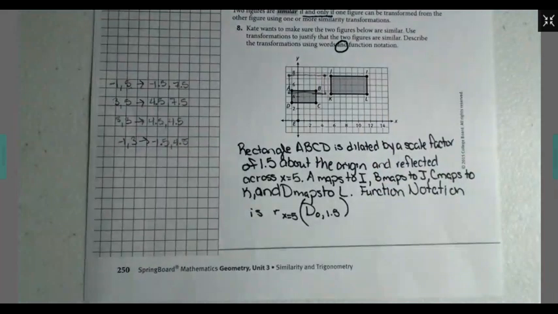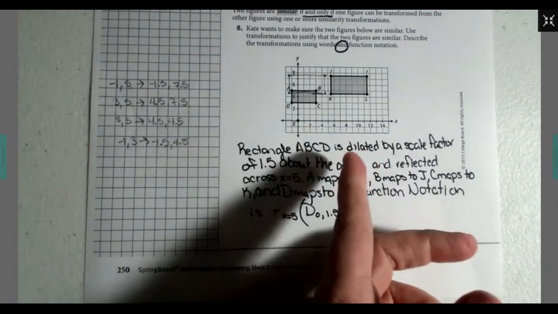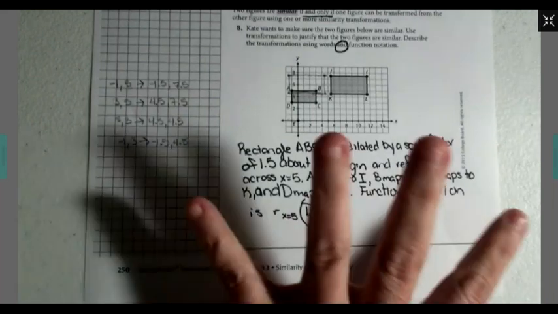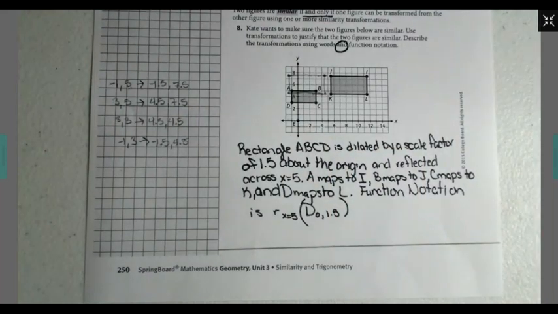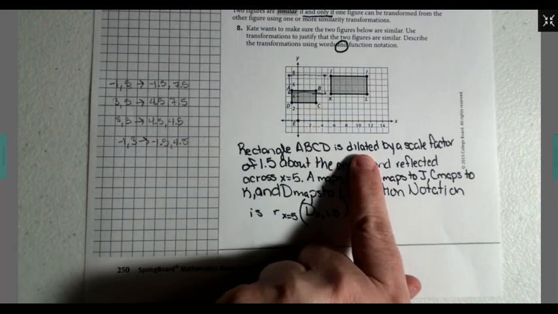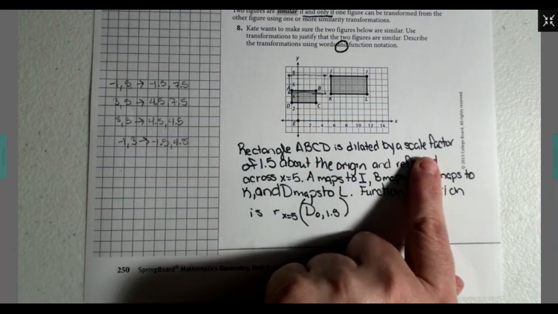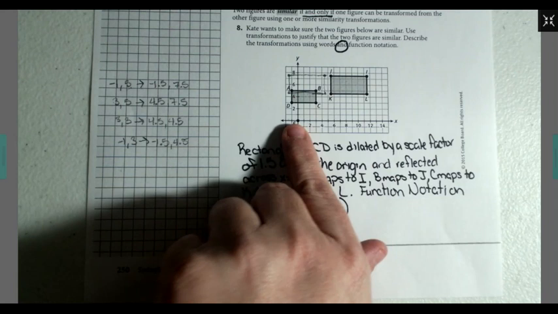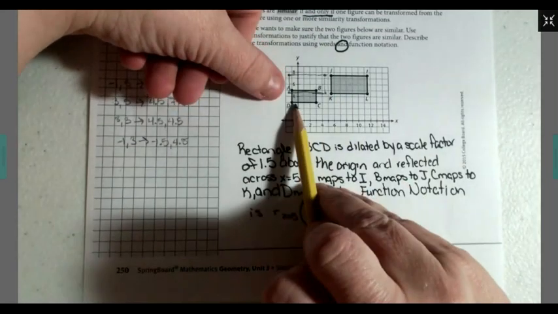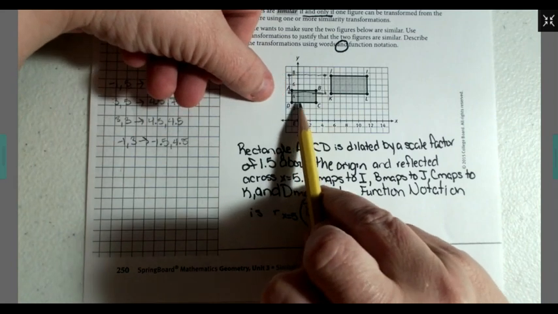Number 8. The first thing I did was I said, Kate wants to make sure that these are similar. Use transformations to go from the little rectangle to the big rectangle. So I said rectangle ABCD is obviously dilated by a scale factor. And I always do a couple of options. We could count. I always count one of my straight edges.